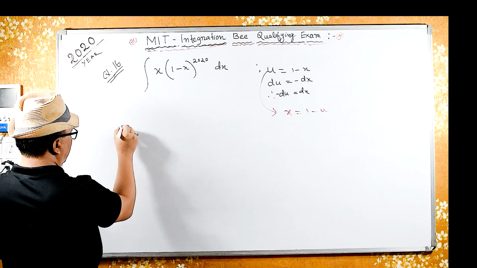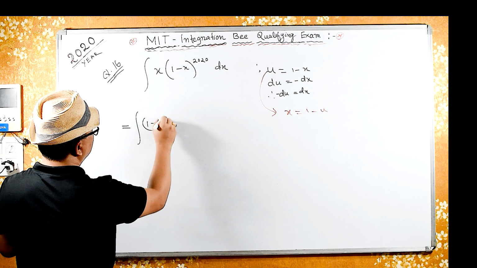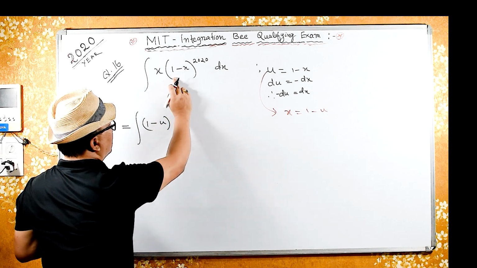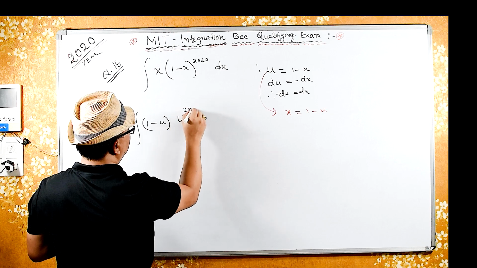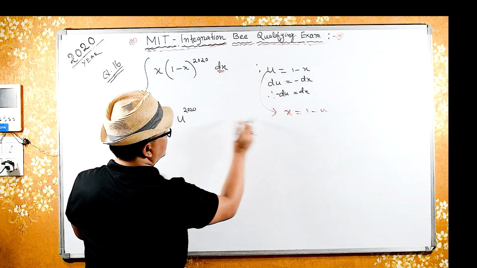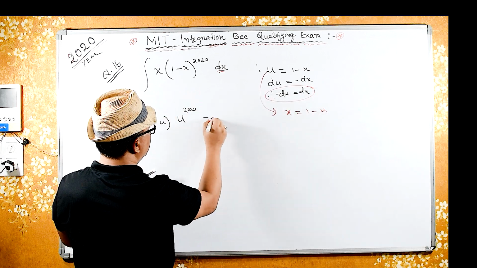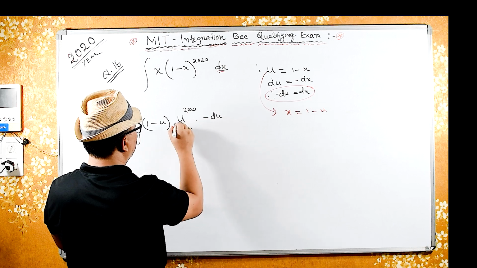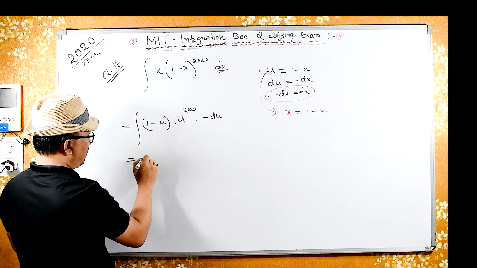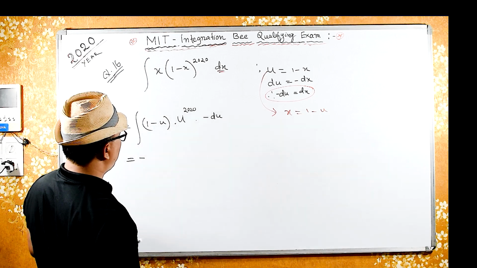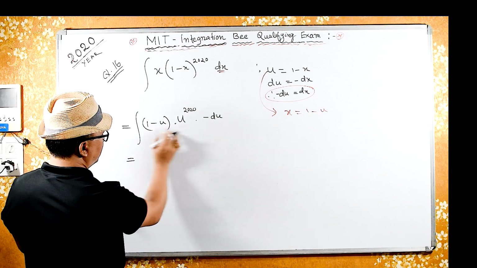Therefore this integral becomes: what is x? x is 1 minus u. And what is 1 minus x? It is u, u raised to 2020. And dx is minus du. Now this minus I can send outside, or otherwise you can send it inside.